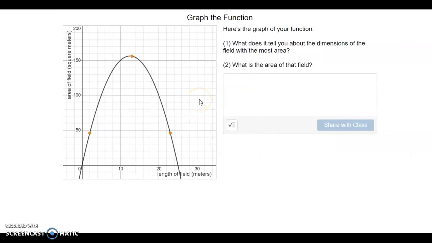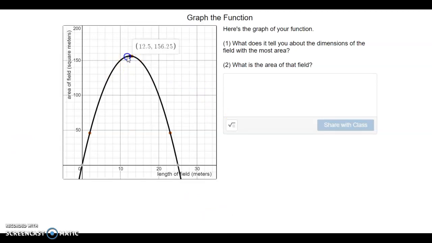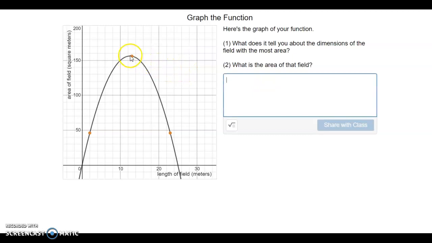So now here is the graph of our function. What does this tell you about the dimensions of the field with the most area? So what is it telling us our maximum is? Well, we can look up here at our point and see what our maximum is, which is going to be right about there, right in the center. So I was a little bit off with my vertex.